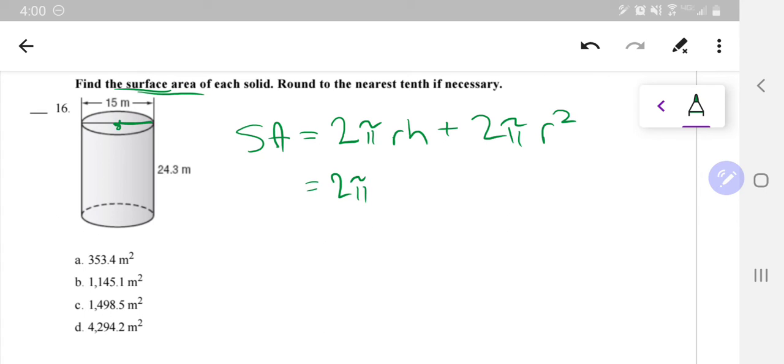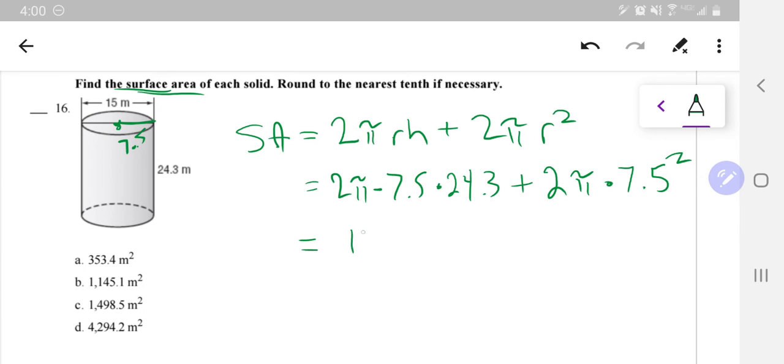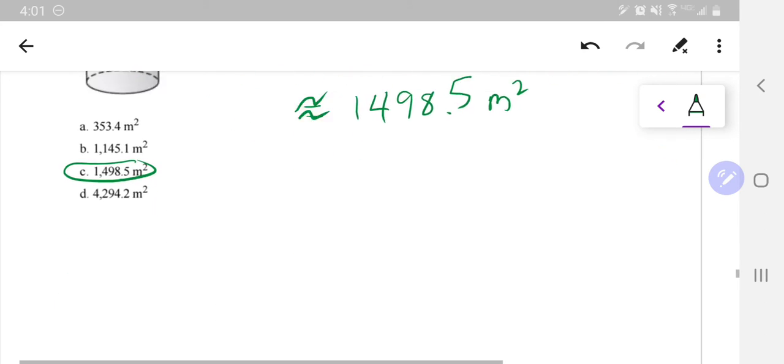They give us the diameter, so the radius is half of that, which would be 7.5 times the height, which is 24.3, plus 2 times pi times 7.5 squared. When I plug all that into the calculator, it comes to 1,498.5 approximately. And that is part C.